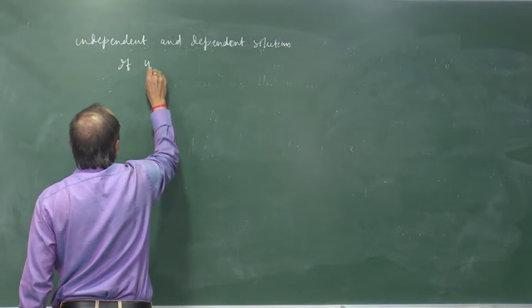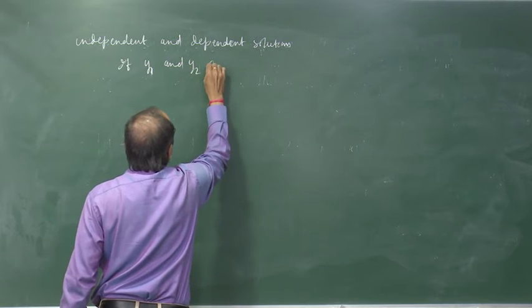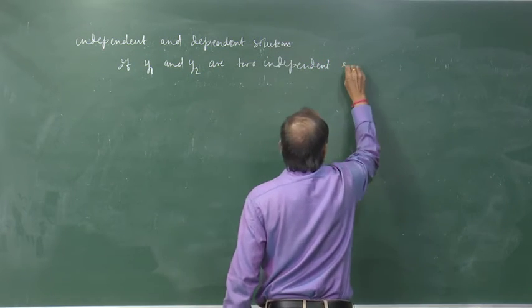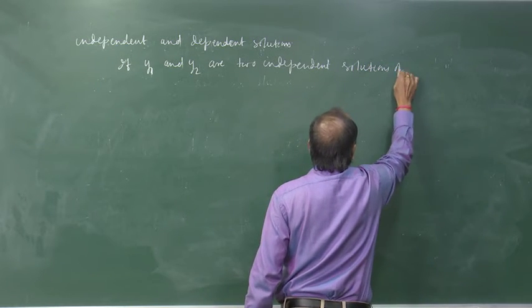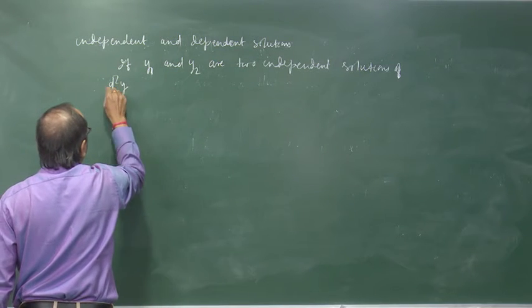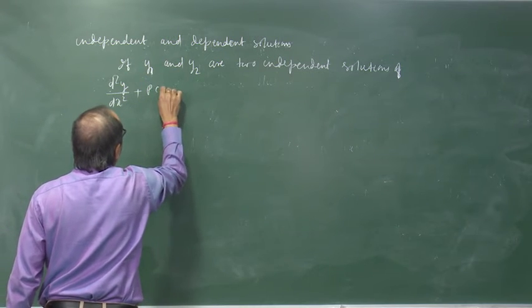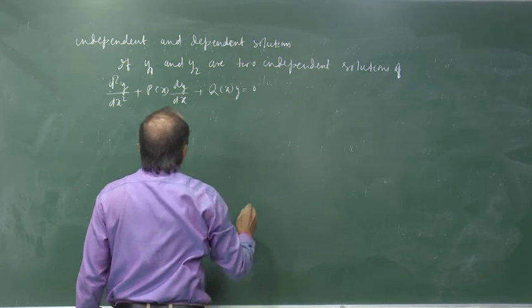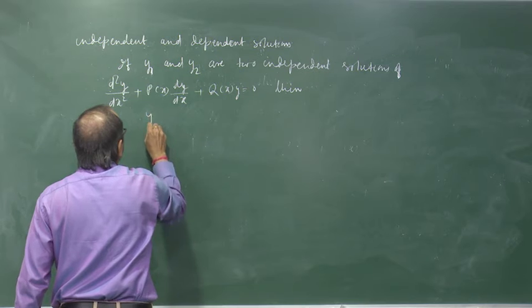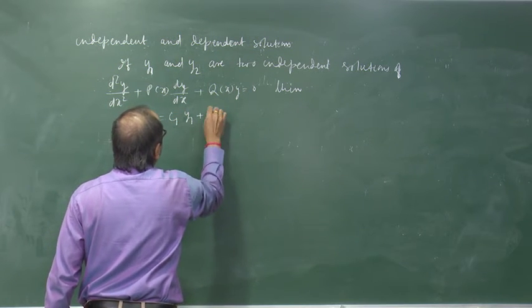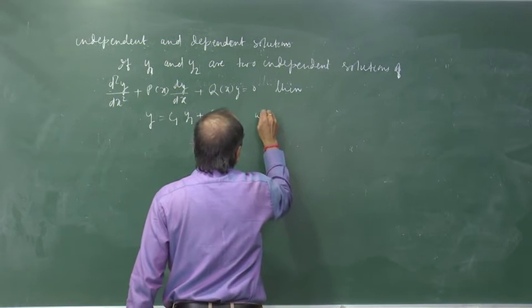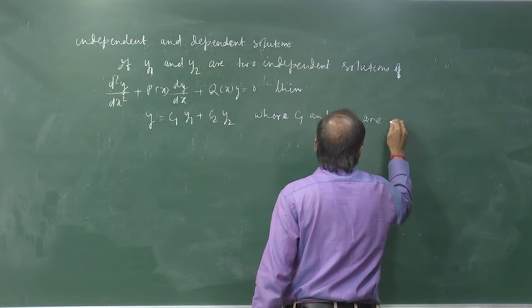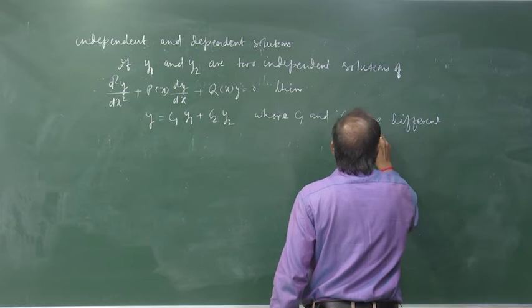If y1 and y2 are two independent solutions of the homogeneous second order differential equation, d square y by dx square plus p of x into dy by dx plus q of x into y is equal to 0, then y can be expressed as C1 into y1 plus C2 into y2, where C1 and C2 are different arbitrary constants.